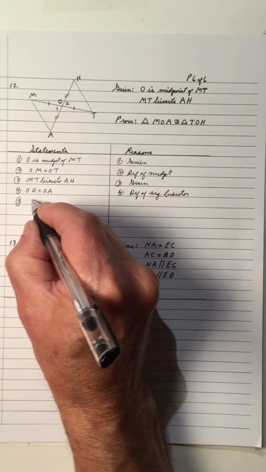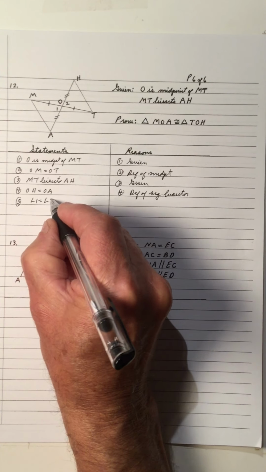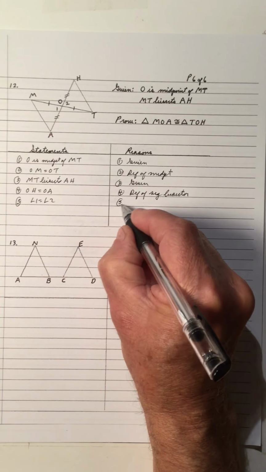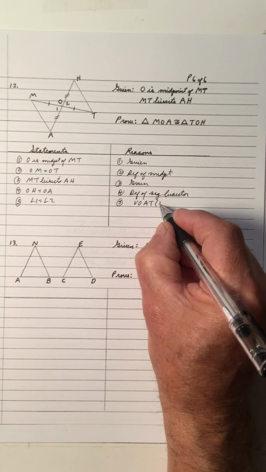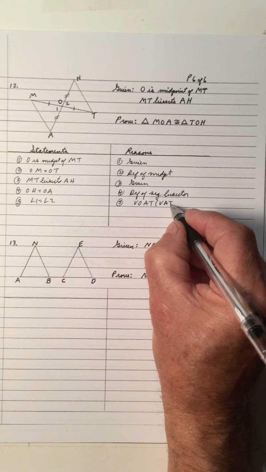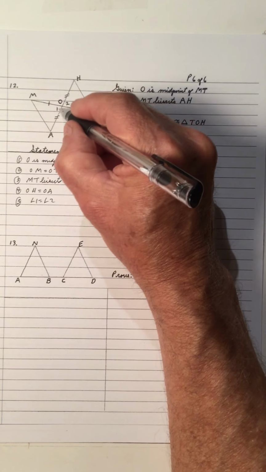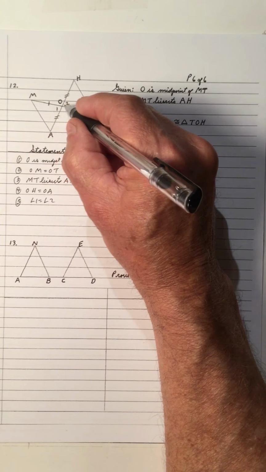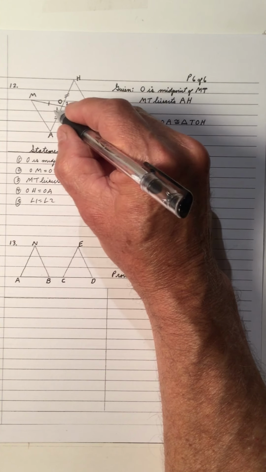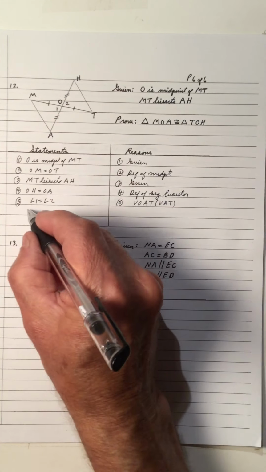And we have angle 1 equals angle 2 by VAT, vertically opposite angles. Again, if two lines intersect or two segments intersect, then the angles formed are equal. Opposite angles formed are equal.